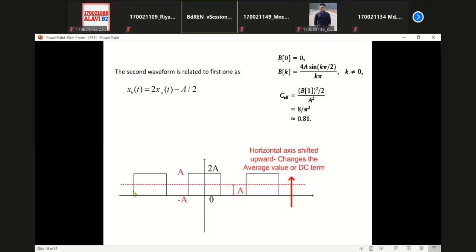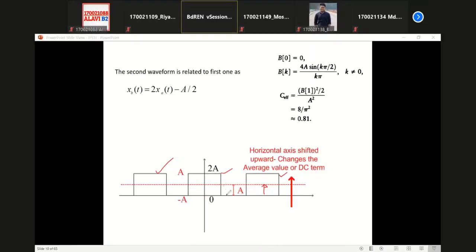Okay, initially consider this black figure. Is this curve even or odd? Even. It is an even function. Now if we shift the horizontal axis upward by a value equal to, say, a, where this amplitude is twice a and this is a, then what will happen?